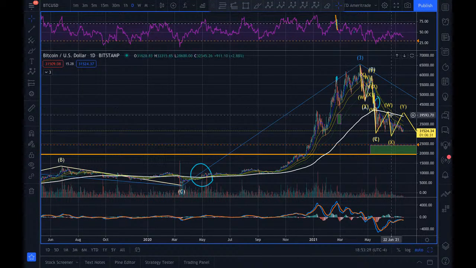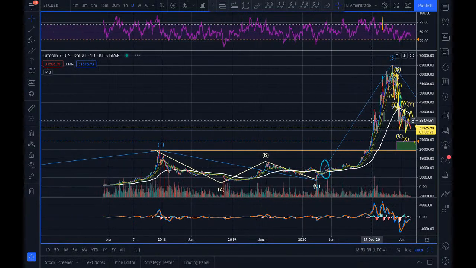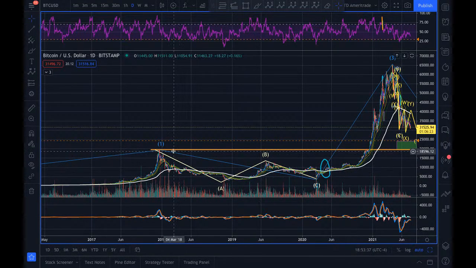Ooh, similar as far as the death cross goes. Let's see. As you can see, I did this already in previous videos. We had an A, B, C correction right there.